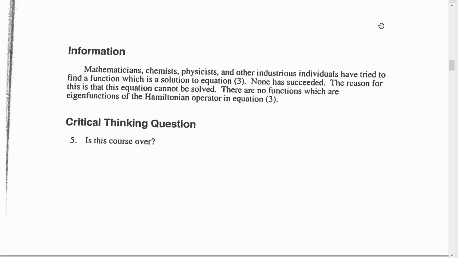If we now move down to the information on the 3rd page of the handout, what we face again is the fact that there are no wave functions that end up being eigenfunctions for the Hamiltonian operator for this Schrödinger equation for 2 electrons. And so critical thinking question 5 asks us to think about whether this course is now over.